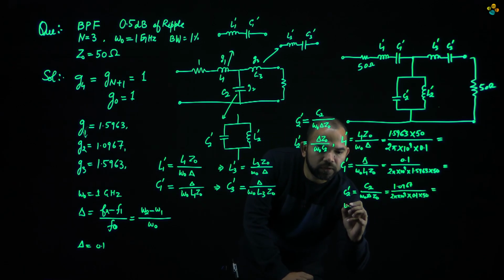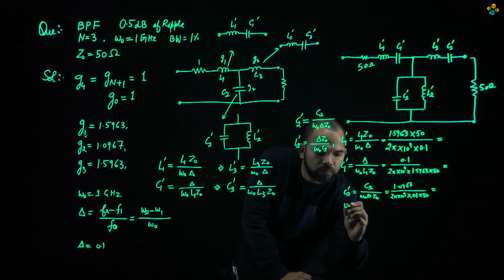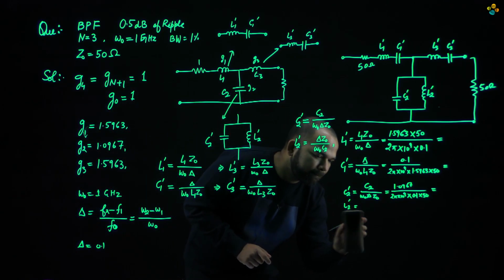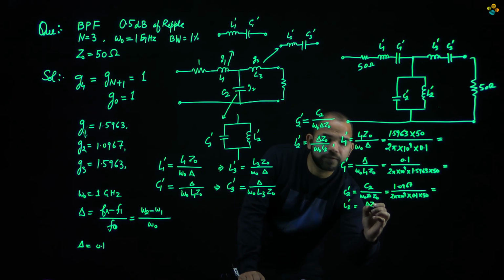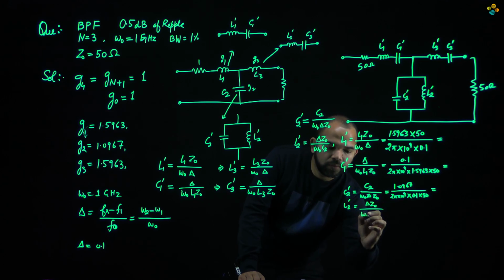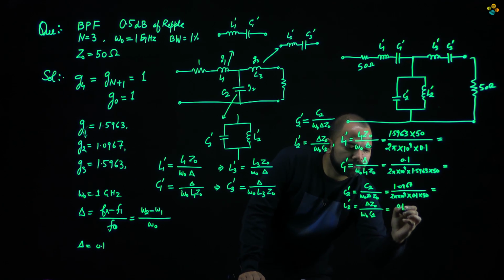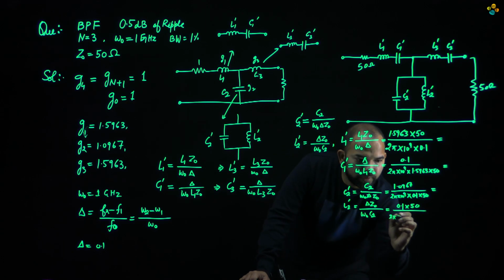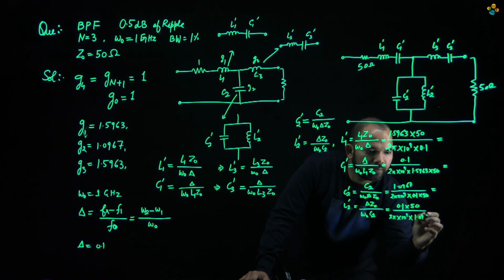Similarly, we have L2 dash. L2 dash is equal to delta Z naught divided by omega naught C2. So if we place all the values, omega naught is going to be 2 pi times 10 to the power 9 and C2 is equal to 1.0967.